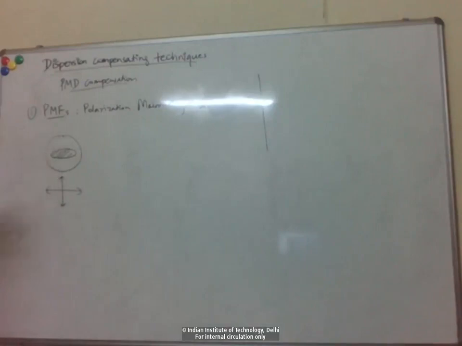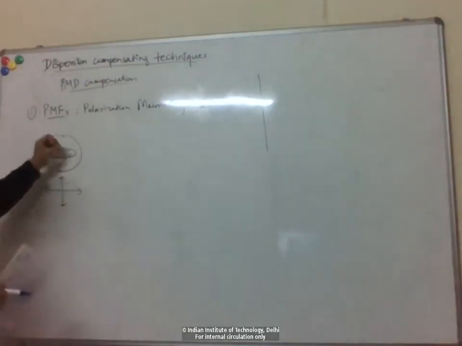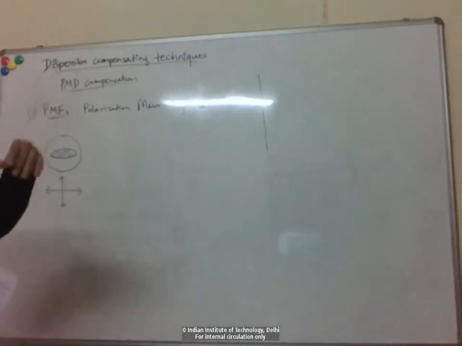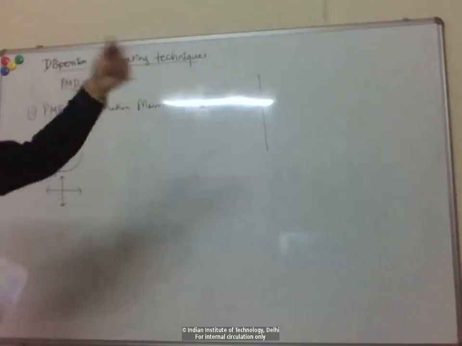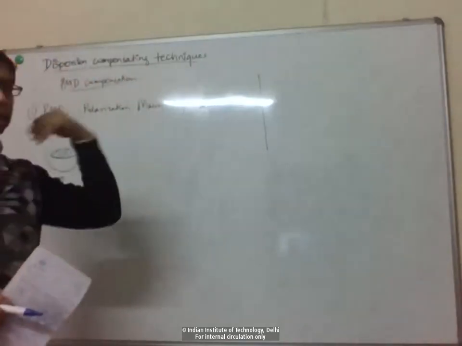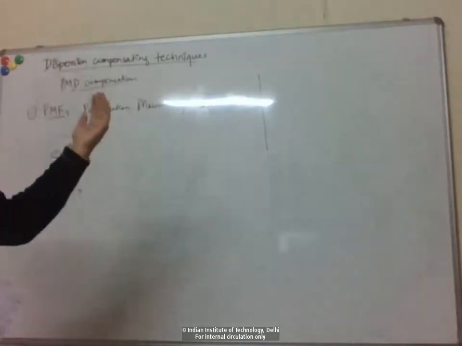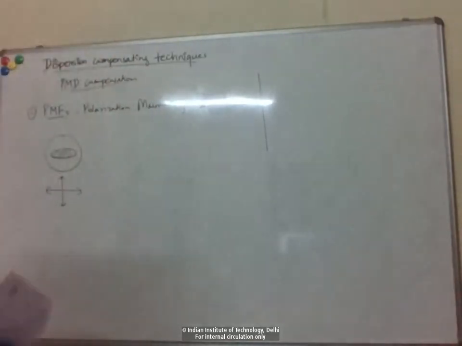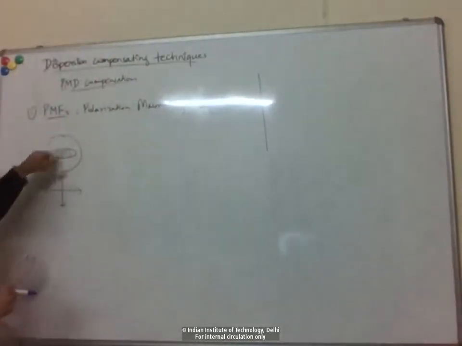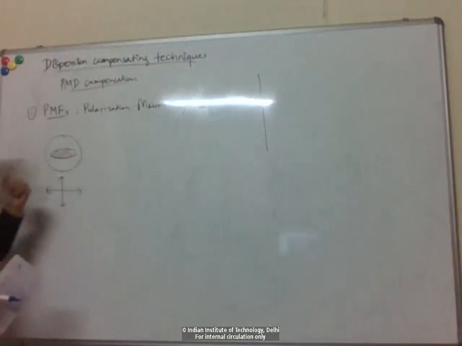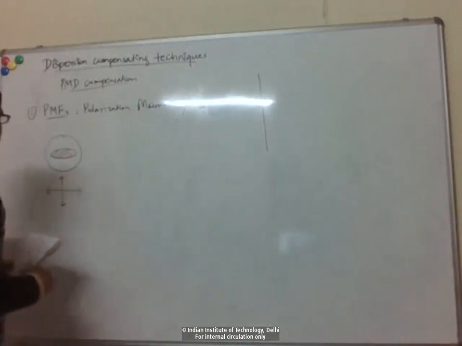So the problem with the conventional fiber is that there is no birefringence ideally, but there are some tiny variations happening in random directions which introduce birefringence in random directions, very small, but still randomly varying birefringence along the length, right? But now here we deliberately introduce a very large birefringence, right?